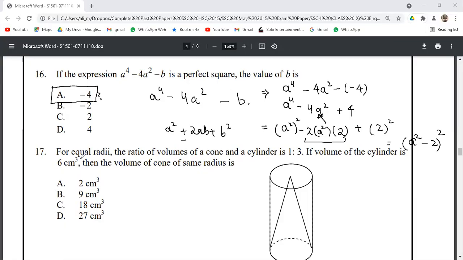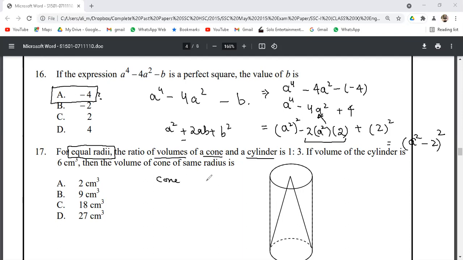Next we have question number 17 in which we have two shapes, that is a cone and a cylinder. And the radii of these two figures are equal and the ratio of their volumes is 1:3.